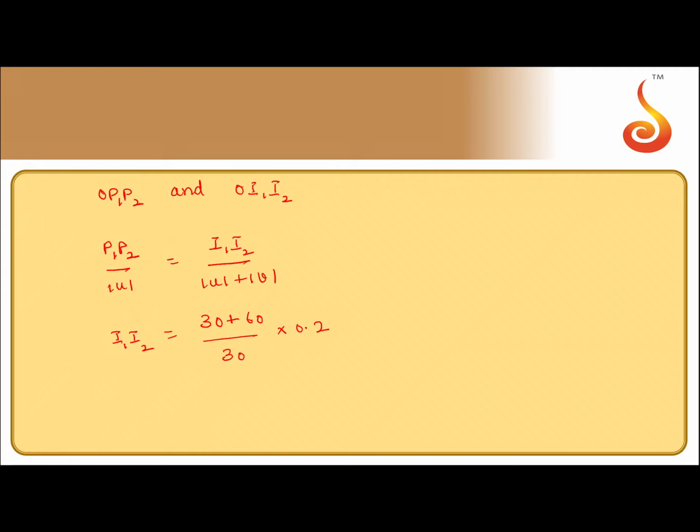So this gives us 90 by 30 into 0.2, and I1I2 is 0.6 centimeters. This is the separation between the two images.